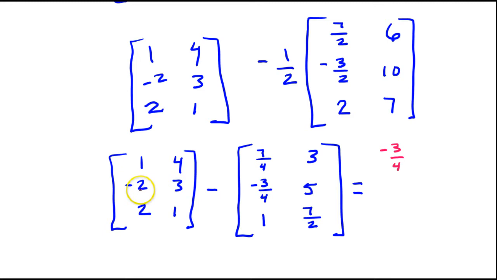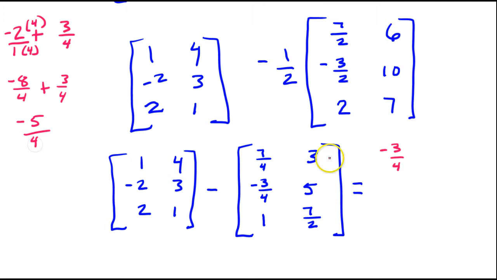Okay, next I have negative 2 minus negative 3/4. That's the same thing as negative 2 plus 3/4. Okay, I need like denominators, so I'm going to multiply by 4 in the numerator and the denominator. So that's negative 8/4 plus 3/4, so that will be negative 5/4.